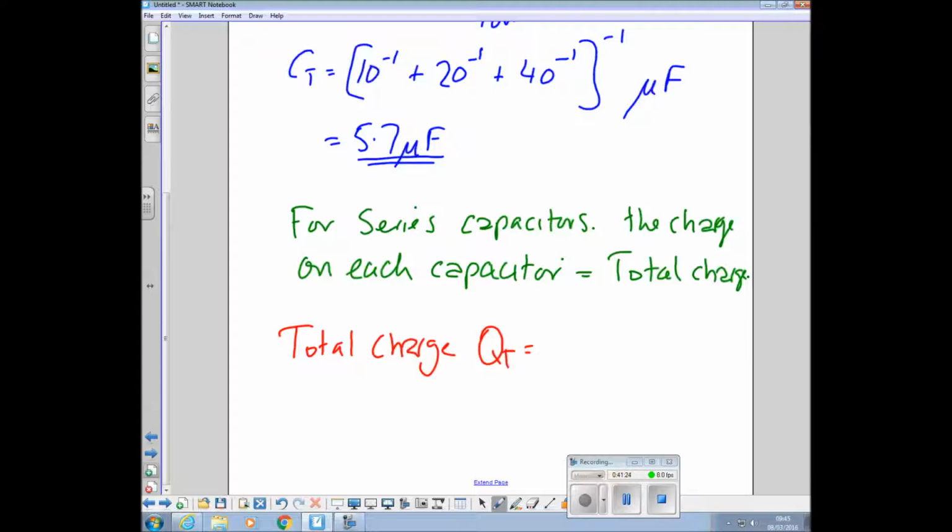Be more specific. Total times the applied voltage, V total. I really ought to use E for that, don't I? But I haven't. So we've got 5.7 times 10 to the minus 6 times 70 volts.